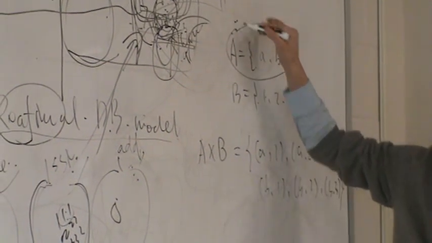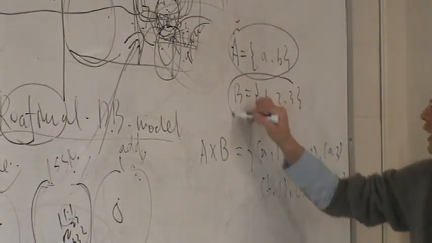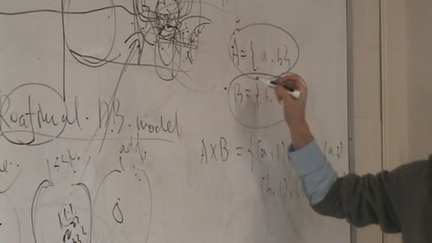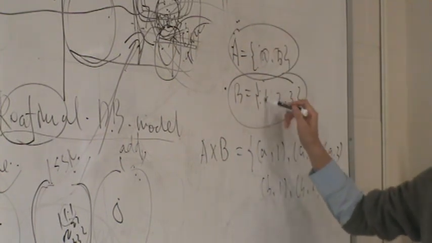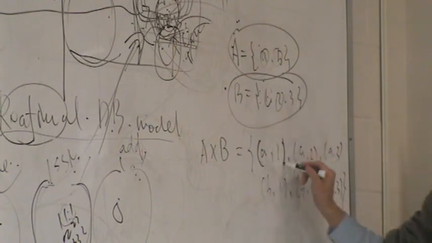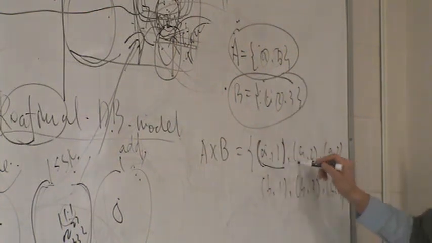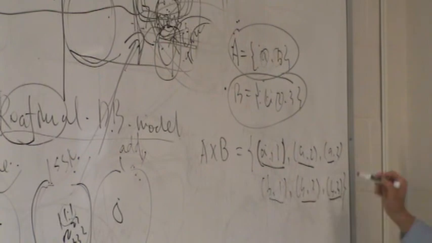The domain of A, attribute A. B is the domain of B. For example, the domain of A has only 2 data. The domain of B has 3 data. So we can make the tuples. This is 1 row, 2, 3, 4, 5, 6 rows. We can make all combinations. That's called the Cartesian product. A relation is a subset of that Cartesian product, which is the definition of relation.